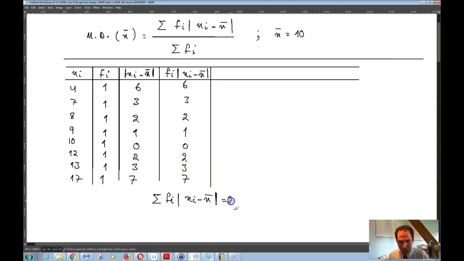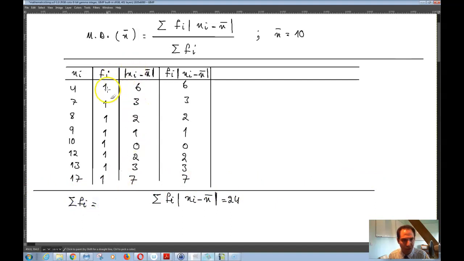And sigma f of i is equal to 1, 2, 3, 4, 5, 6, 7, and 8. So the mean deviation about the mean is equal to 24 over 8, which is equal to 3. So the mean deviation about the mean in this case is 3.